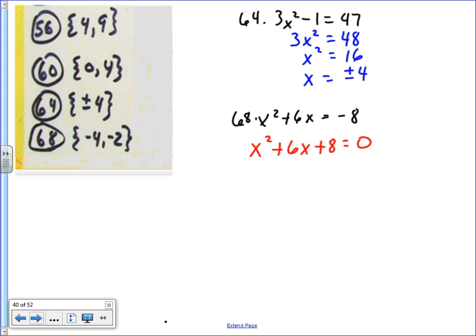Are there factors of 8 that add to be 6? Well, 4 times 2 is 8, and they add to be 6. So we got our x's in the front, signs are alike, they are both plus, and our two solutions are a negative 4 and a negative 2. Okay?